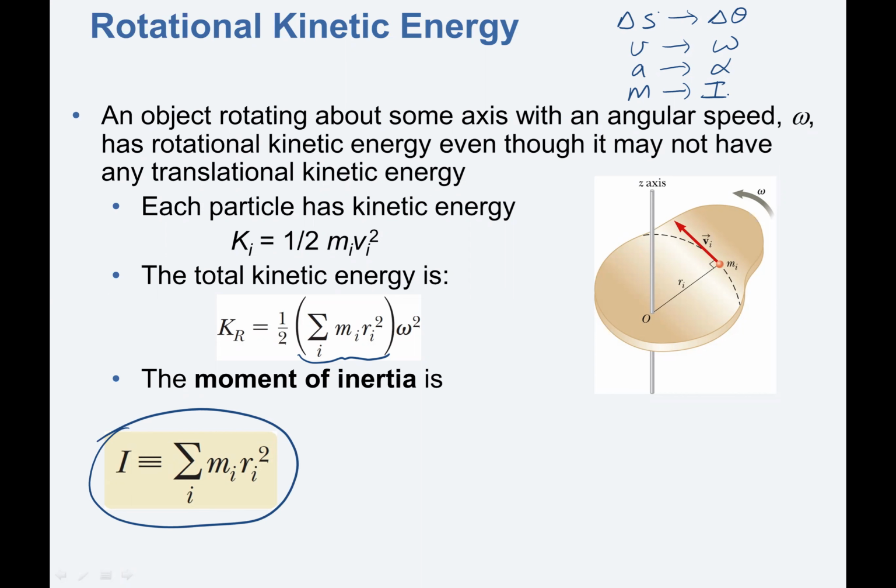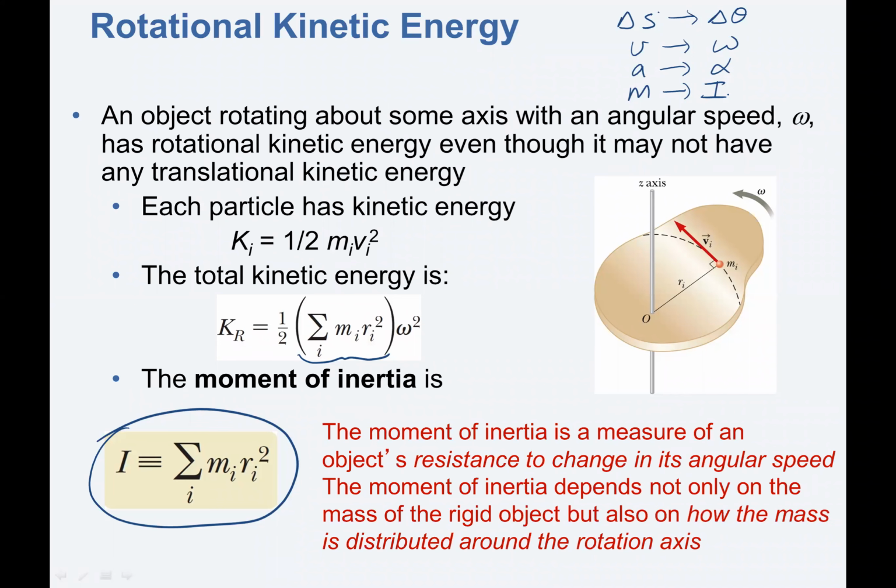Remember, when you're trying to move an object, the mass was the inertial factor. Heavy objects are not going to be easily moved around, or light objects have no problem, just push it a little bit and it moves. Here, the moment of inertia gives us a way of figuring out if it's going to be easy to rotate the system or not.